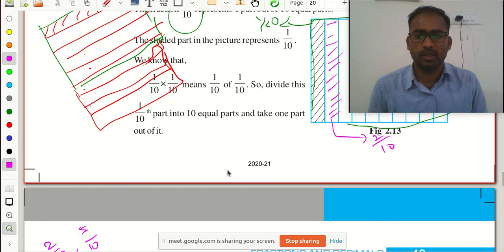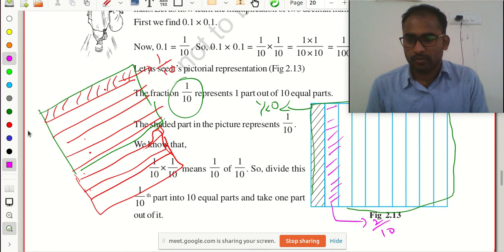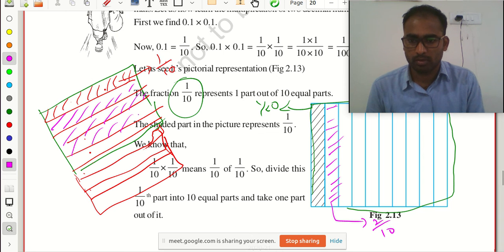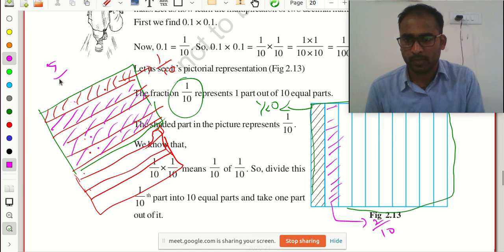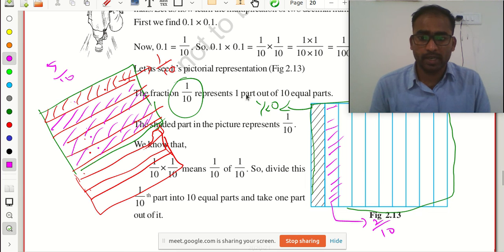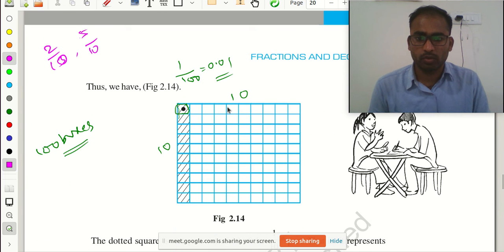Clear? And this I can write as 5 out of 10: 1, 2, 3, 4, 5. And then I need to multiply this now. So what will I get here?